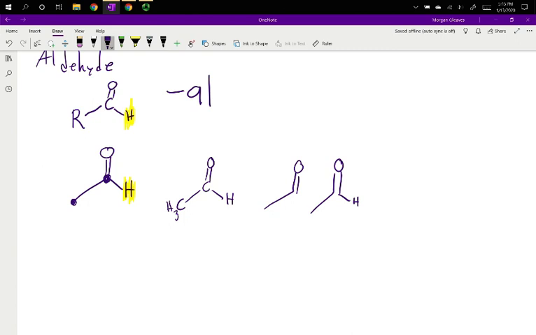If we want to name it, well, it's two carbons. So ETH for 2. So I have my carbon chain length. I'm going to need my ANE, ENE, YNE. I need my carbon situation. And then I'm going to need my functional group. Well, in our case, my carbons are all single bonded to each other.